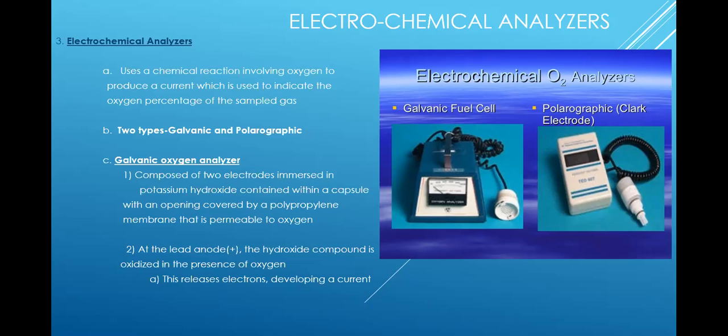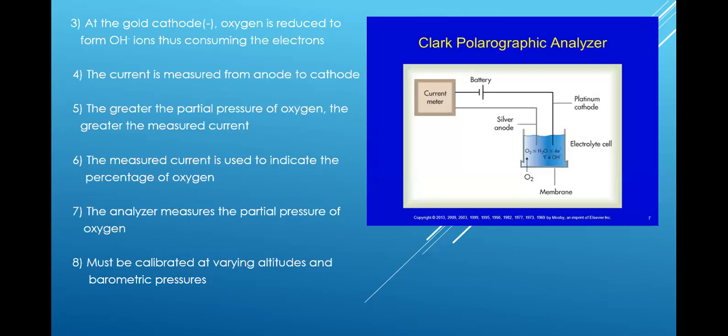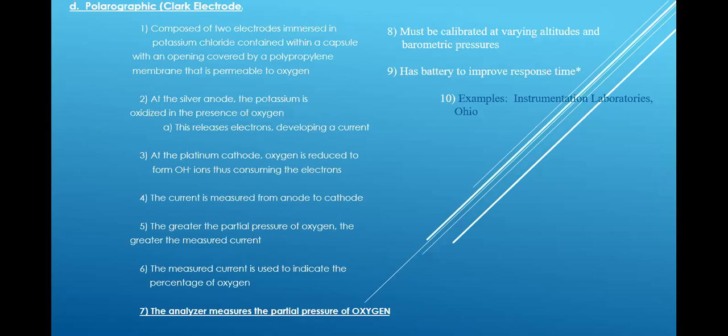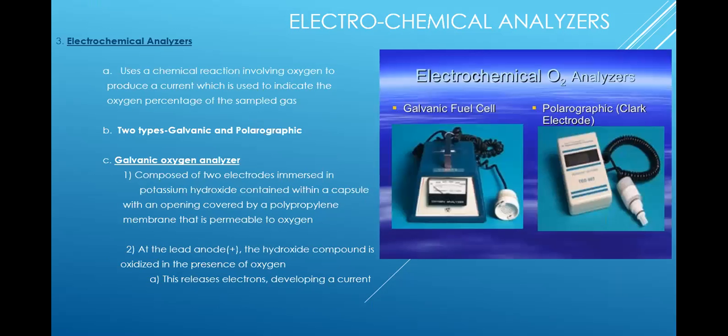Now, the electrochemical has two types, galvanic and polarographic. And they measure the partial pressure as well. The electrochemical analyzers measure the partial pressure of oxygen, okay? Partial pressure. It's on a little bit further, but you want to write it down if you want to.